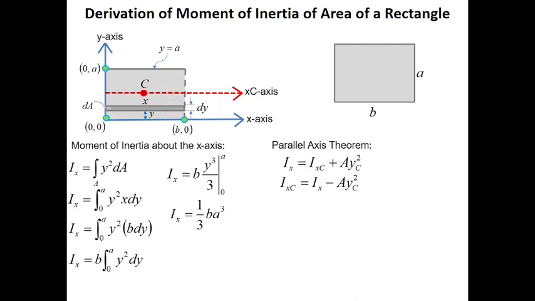Next, we have, so ito yon yung tinatawag ko. Ito yung sa yc. Yan yung ating yc, from the x-axis to the xc-axis. So, yung vertical distance, yan ay yc. So, this is Ix, 1/3 b a cubed. Ang area ng rectangle ay b a, right? Ito ay b a. Okay? That's the area of the rectangle.